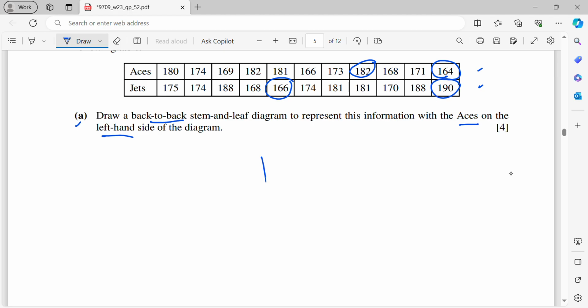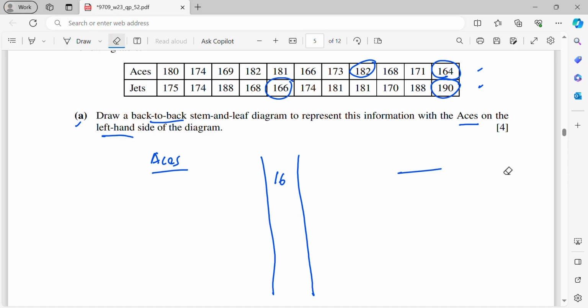Alright, so now for the back-to-back stem and leaf diagram, I will start with 16 first, then Aces on the left side, Jets on the right side. So the smallest is 164, 166, that means it's 16, then 17, 18, 19, because the highest is 190.